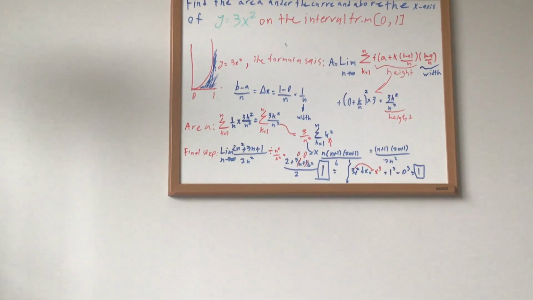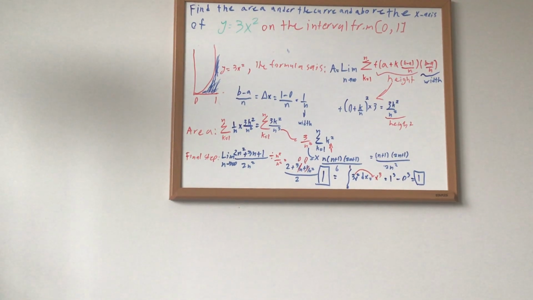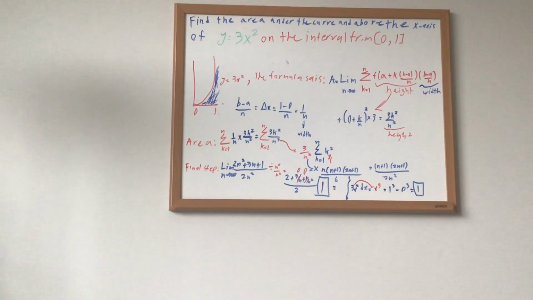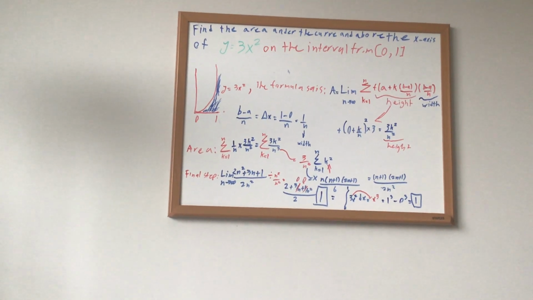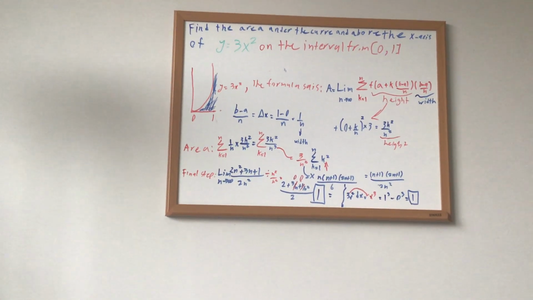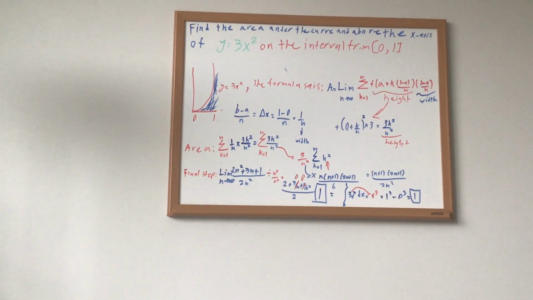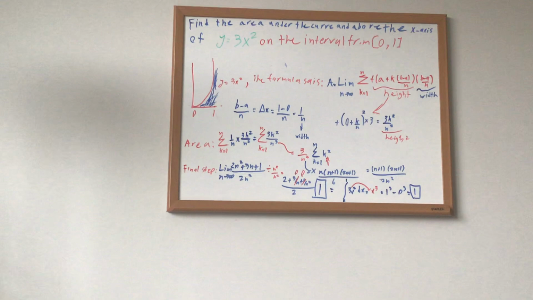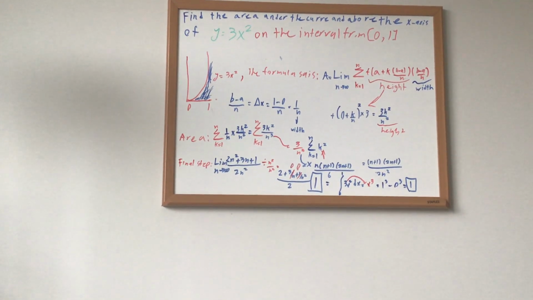So we see that we have 2 plus 3 over n plus 1 over n squared in the numerator. If we take the limit of 3 over n, we see that it converges, it gets closer to 0, so we can plug in 0 for it. This is also true for 1 over n squared. It also converges to 0.